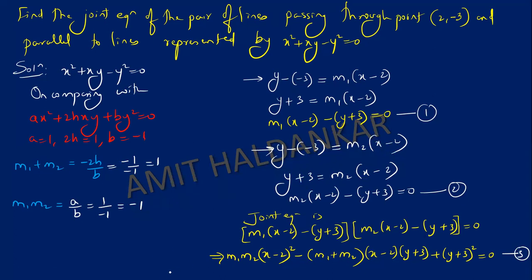Putting m1 into m2 as minus 1 and m1 plus m2 as 1, we get minus x minus 2 the whole square minus x minus 2 into y plus 3 plus y plus 3 the whole square is equal to 0. Now this is your final answer. You can multiply this by minus 1 and expand this to get the final equation.